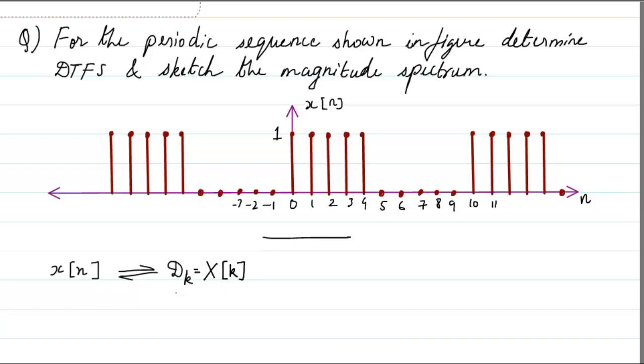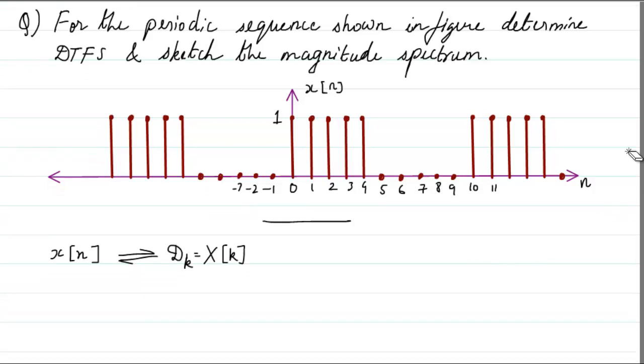From now onwards I will not use d of k, I will use X of k instead. So you must be ready. In certain textbooks dk is written as c of k, and in certain other textbooks it has some other notation. So the notation may change, but generally it's kept as capital X of k.